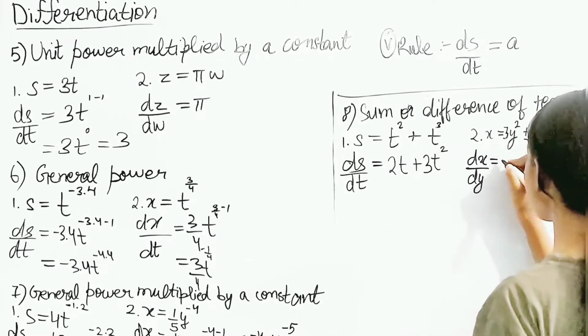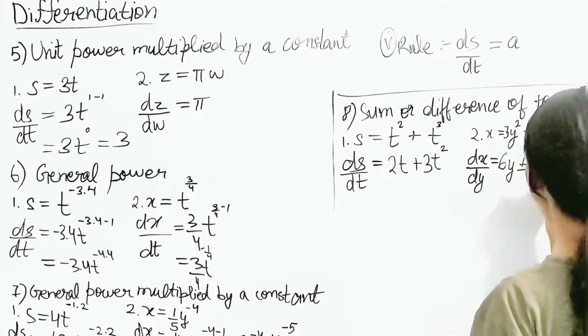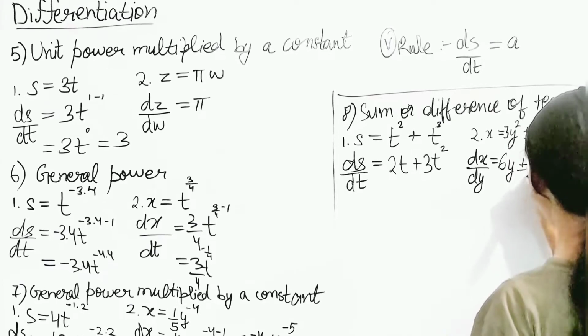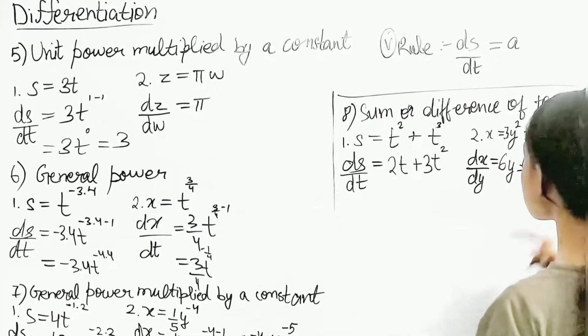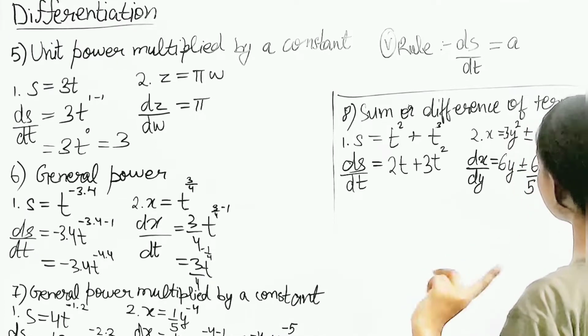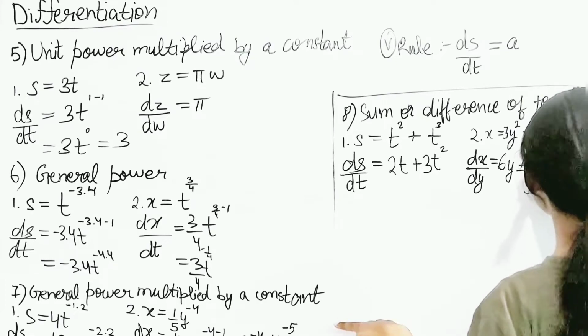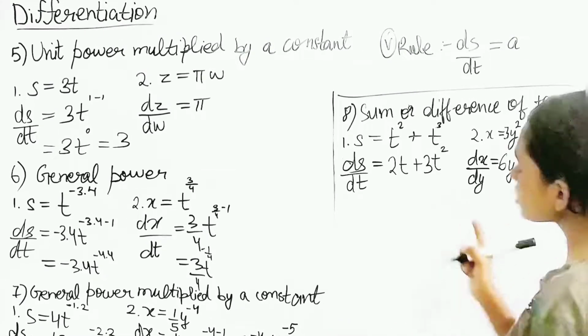3y squared, which is going to be 3 into 2, 6y, plus or minus 1 by 5 into 6, which is going to be 6 by 5 y to the power negative 4 by 5. Is this right?